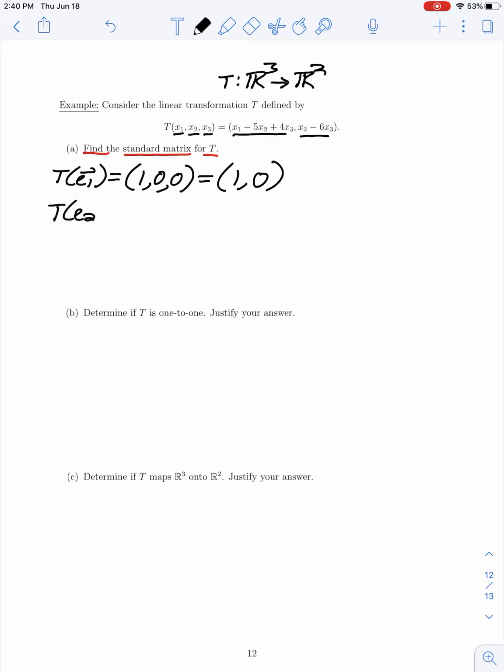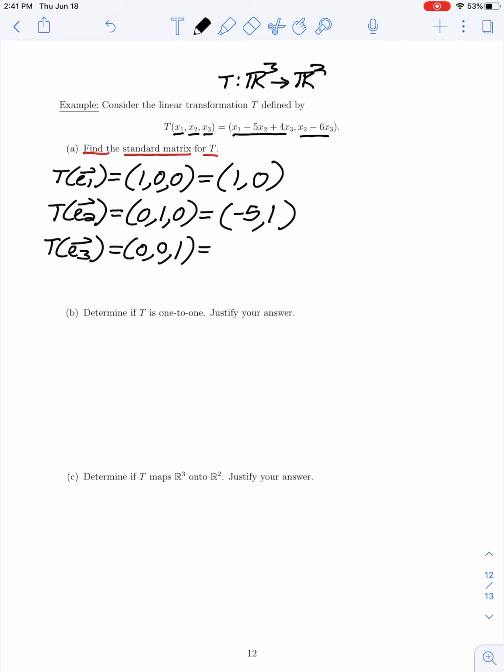For T of E2, which is the vector 0, 1, 0, we would have for our image -5, 1. And for E3, which is the vector 0, 0, 1, we have an image of 4, -6.